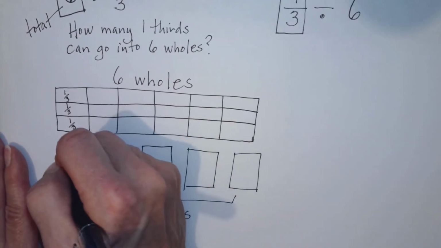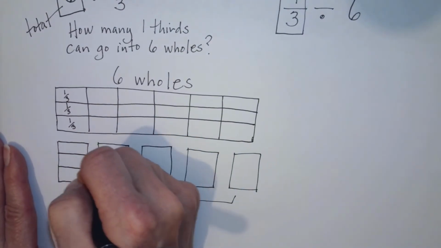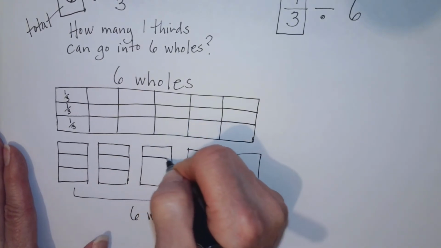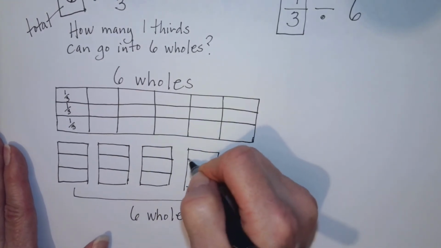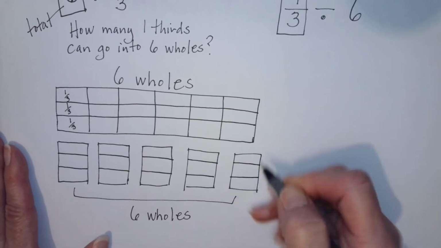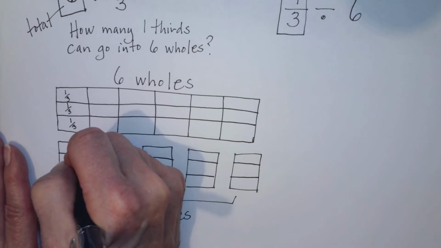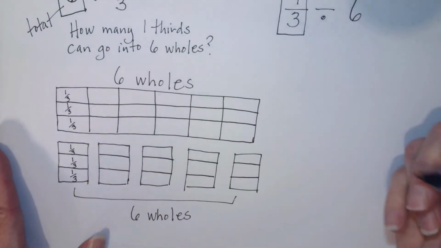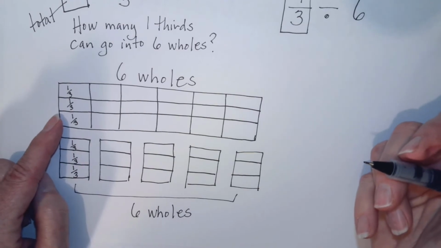Same thing here. This is one whole. I'm breaking them into thirds. Because remember, 3/3 makes one whole.